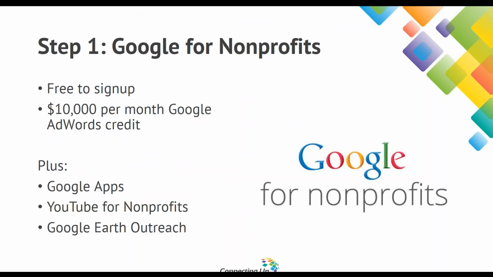The other form of advertising online that I would recommend is the Google for Nonprofits program. Google have set up this program. It's been in Australia for a bit over 12 months. It's free to sign up, and you get a $10,000 per month credit on a Google AdWords account.